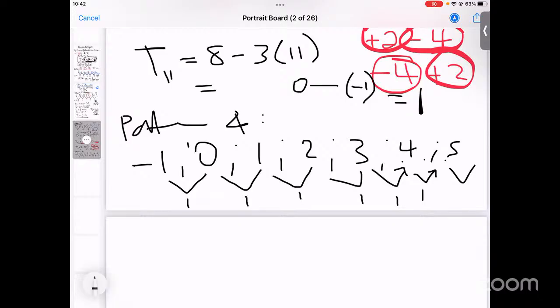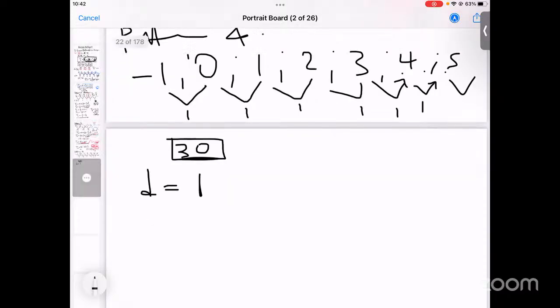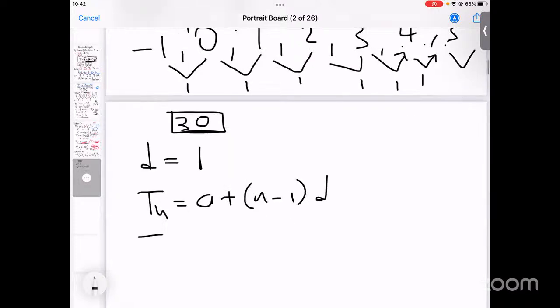For example, they can ask, what term number is 30? Before they even ask you this question, you would have gone through the process where you calculate the difference. The difference is 1, we've just calculated it. And then for the nth term, you say Tn equals A plus (n minus 1) D, where your A is -1, plus (n minus 1), your D is 1.